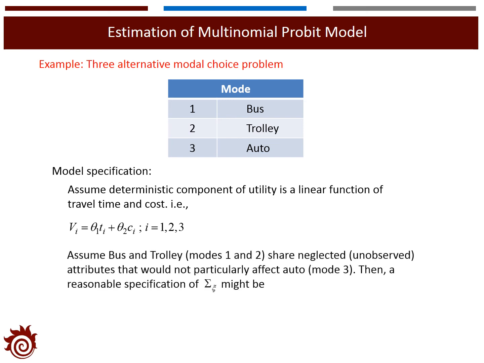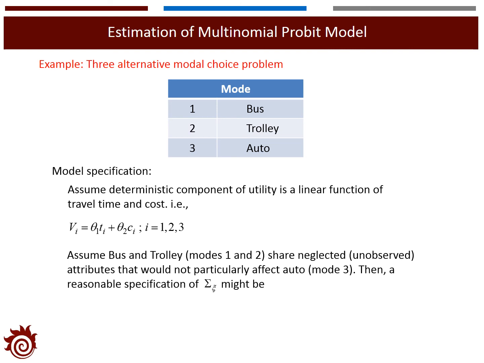In addition, we assume that the bus and trolley share neglect attribute, which means they're going to share the unobserved attribute, but they won't affect the auto, which means auto is totally independent to bus and trolley.